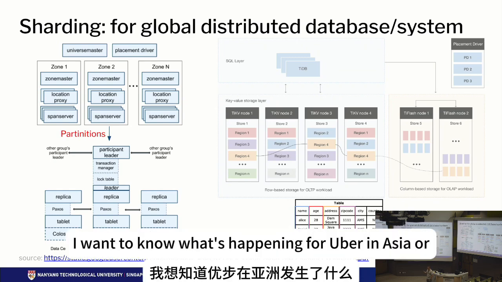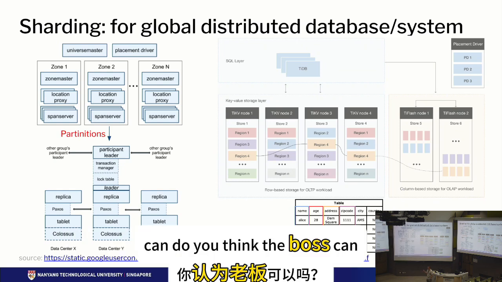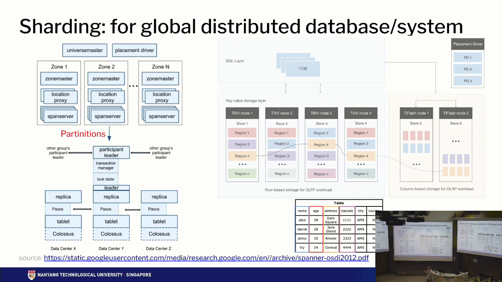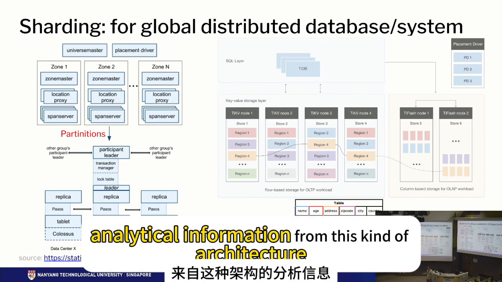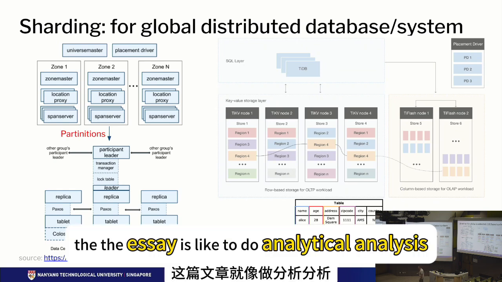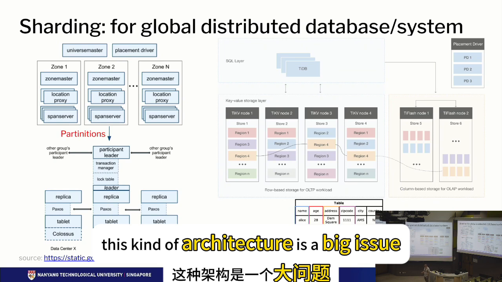As a boss, I want to know what's happening for Uber in Asia or across the globe. Do you think the boss, or the data engineer, can quickly retrieve the analytical information from this kind of architecture? The answer is that for analytical analysis, this kind of architecture is a big issue.